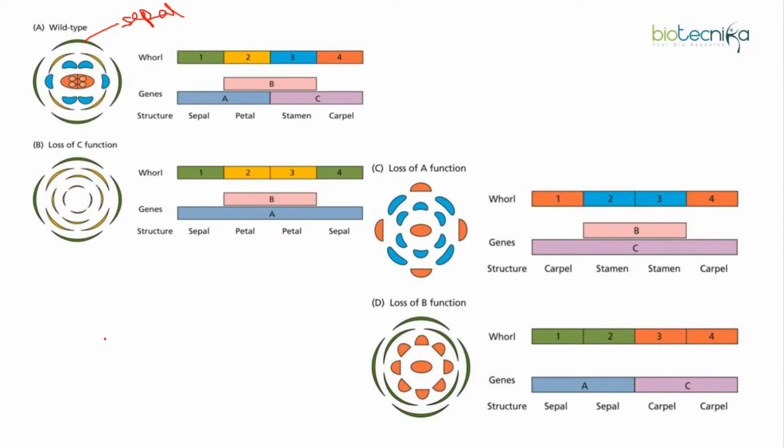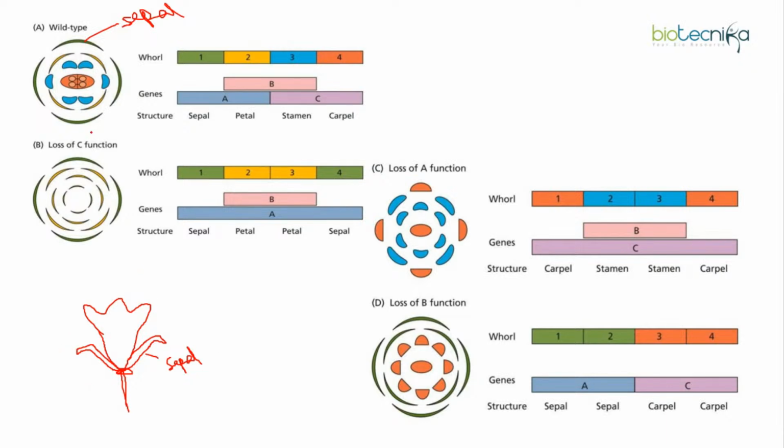So if I draw a flower, this is your sepal, the outermost. Now there are obviously more than two, four, five, or six, so I'm just drawing two for the sake.